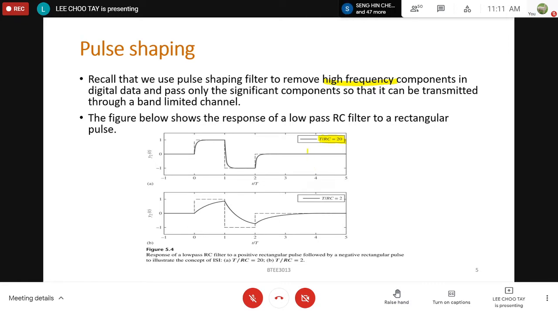When the ratio of the bit duration to RC is 20, meaning it's big, you can see that the output of the pulse shaping filter resembles your pulse shape quite well. But when T over RC is small, you see that your pulses are already very much smeared, because of the slow RC response. So that's how the pulse shaping filter will smear the rectangular pulses.